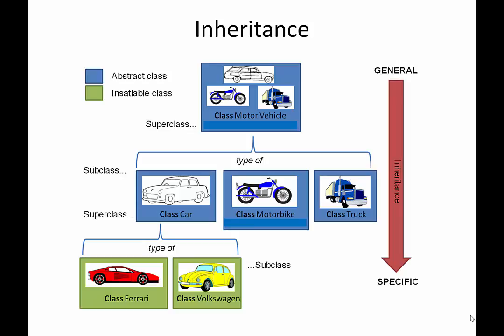Okay. As we go from the superclasses to the subclasses, we are moving from the general to the specific. The class motor vehicle includes all attributes and methods that are common to all motor vehicles, be they a car, a truck, or a motorbike. It's a very general class.